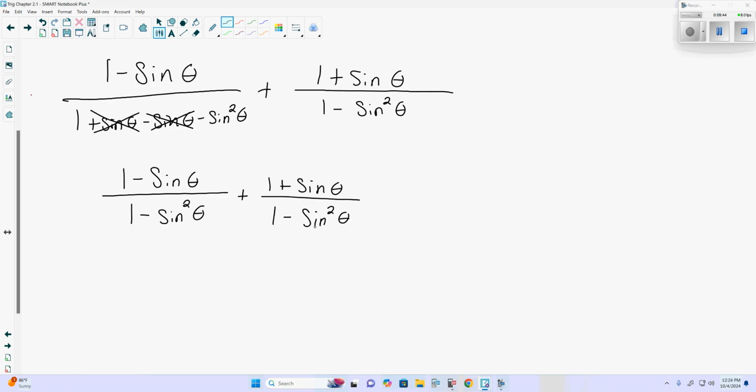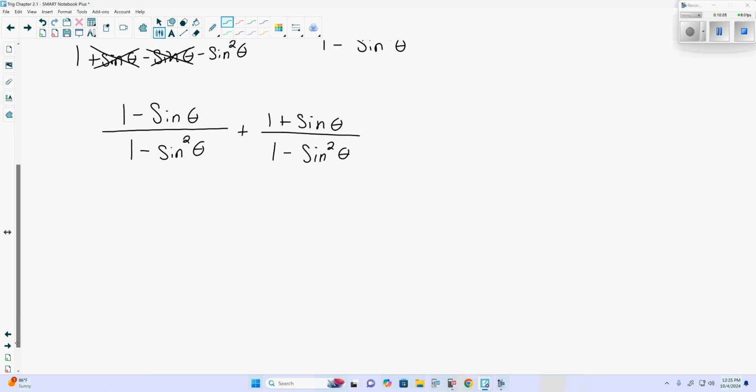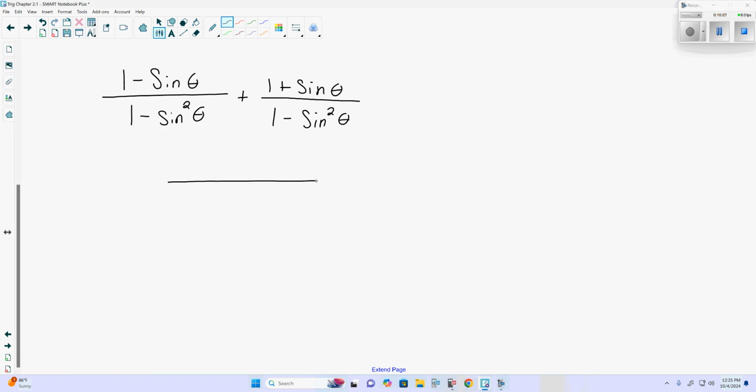The way we got the other one, well, they're both the same. We're just multiplying 1 plus sine of theta and 1 minus sine of theta on both sides in the bottom. Since I got it for one, it's going to be the same for the other. Now we can add the numerators, because they are the same.